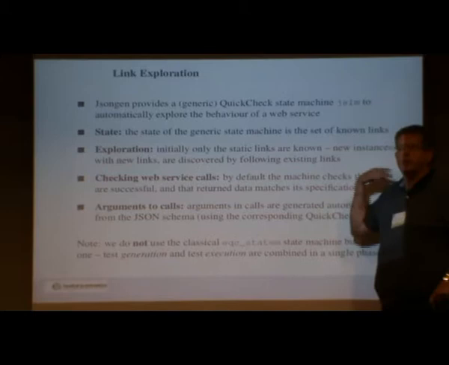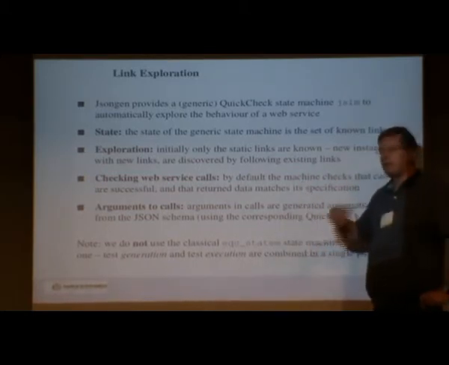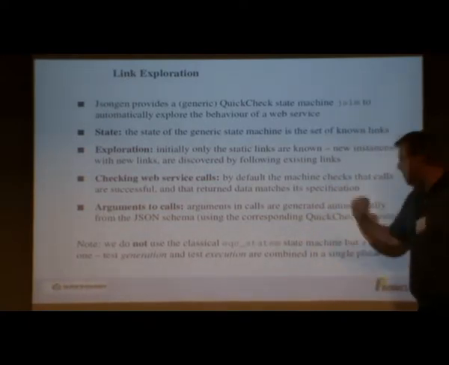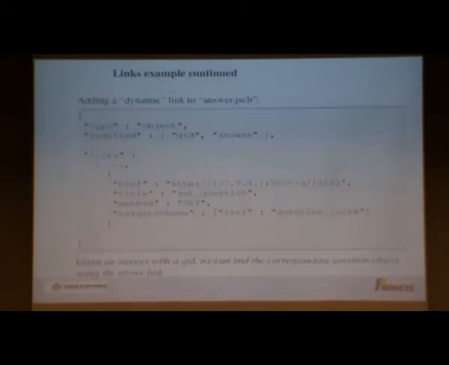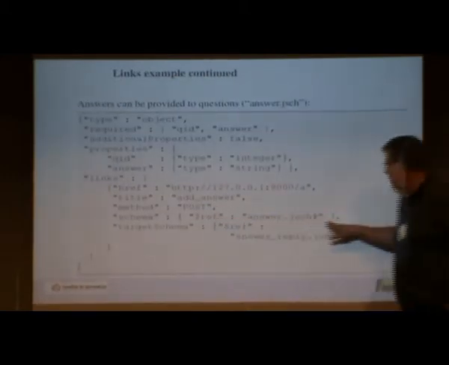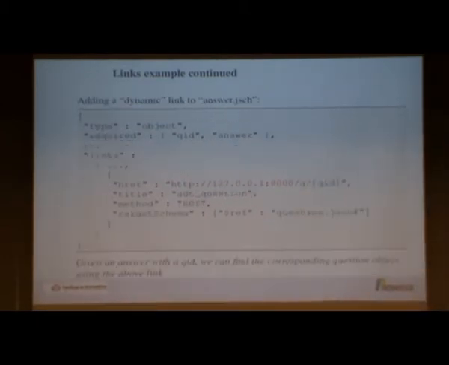We also check that the return code is okay, of course. As for arguments to the call, we have QuickCheck, so we can generate the arguments automatically from the JSON schema. For instance, here we saw an example: we are doing a POST, we should send along an answer. Well, we can generate it automatically and do something like this.